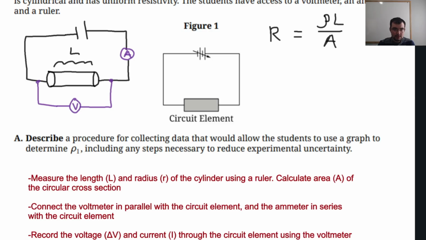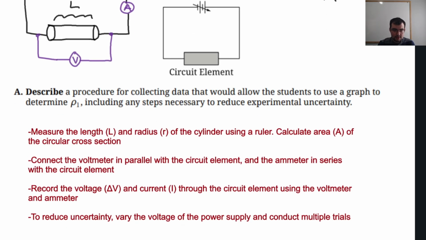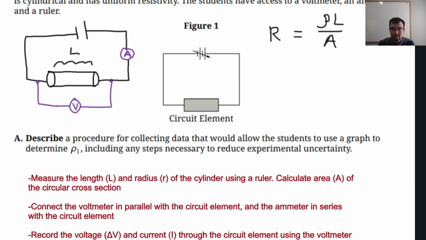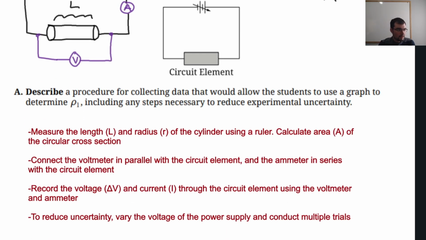Then connect the voltmeter in parallel, ammeter in series, record the voltage and current in the relevant places using the meters, and then to reduce uncertainty, vary this variable power supply, meaning you're collecting various pairs of delta V and I values.